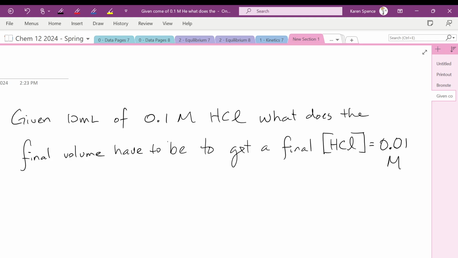There we go. So I'm putting 10 milliliters into my graduated cylinder. There we go. What should my final volume be to get 0.01 molar? I'm going to add water.